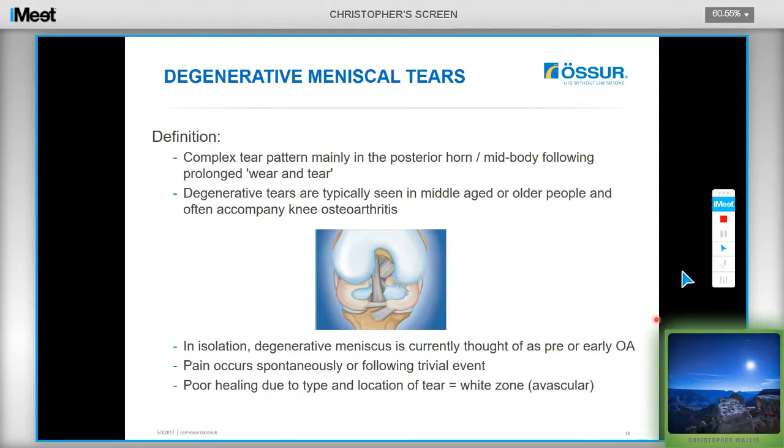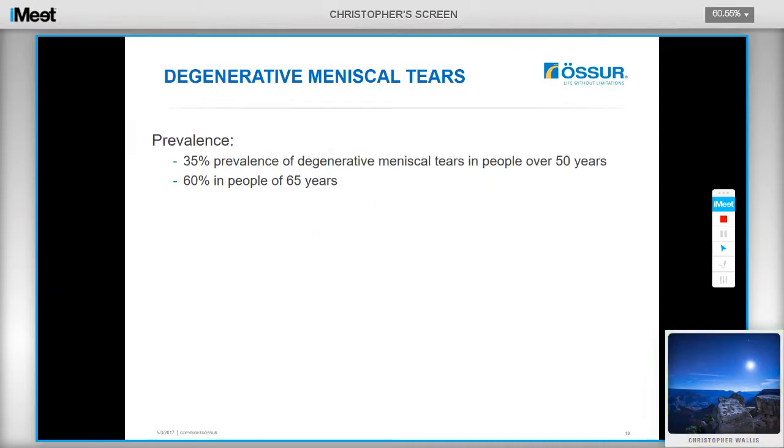It's possible that they have had a degenerative meniscal tear for a period of time, and then spontaneously or following a very trivial event, and that can be stepping off a curb, pain can present, and that's when they get it investigated and that's established that they've got a degenerative meniscal tear, plus or minus any arthritic change. Generally, because of this complex tear pattern and the location of tears towards the internal joint surface or that white zone, they don't have a great healing potential.